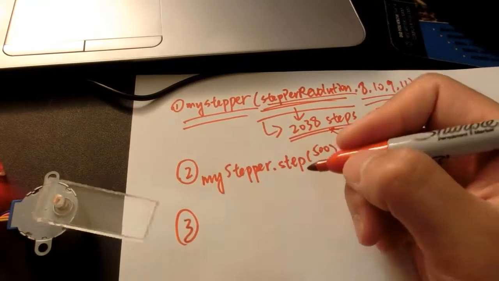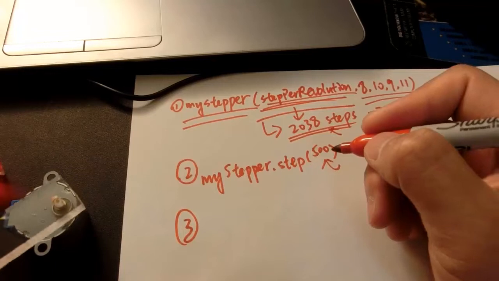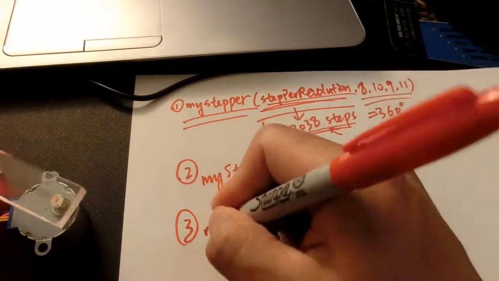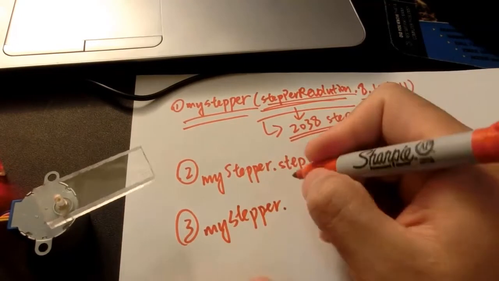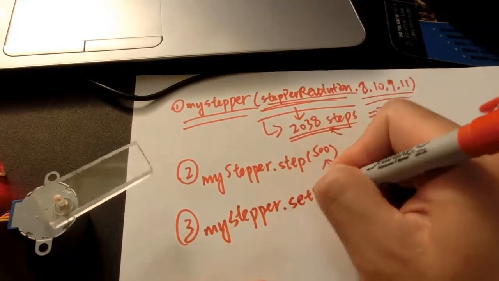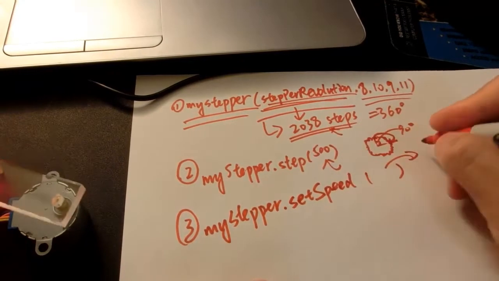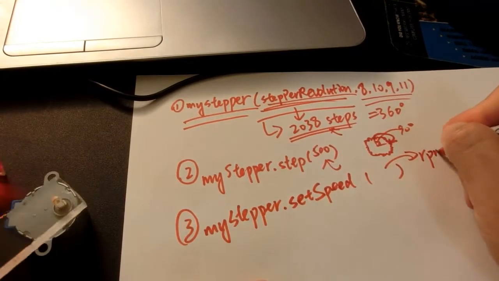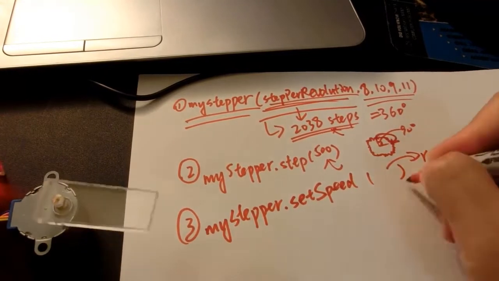So the third one is the speed, myStepper.setSpeed. The unit for this parameter will be RPM, and you just give an integer in there.